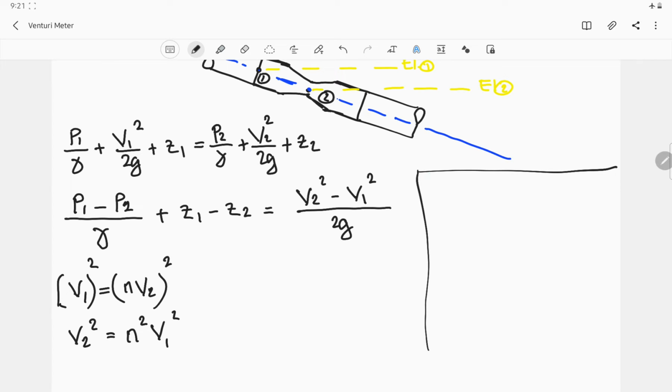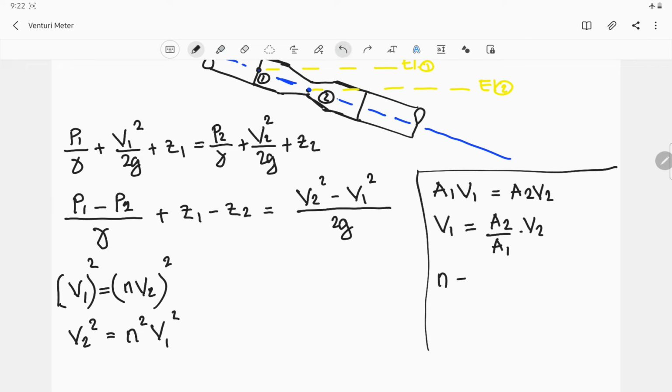For example, if we express V1 in terms of V2, it's A2 over A1 times V2. Actually, the result is the same, but the difference is that our N is inverted.